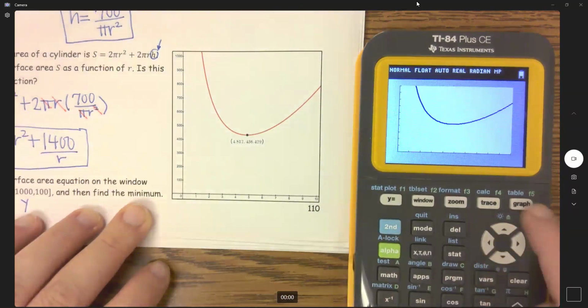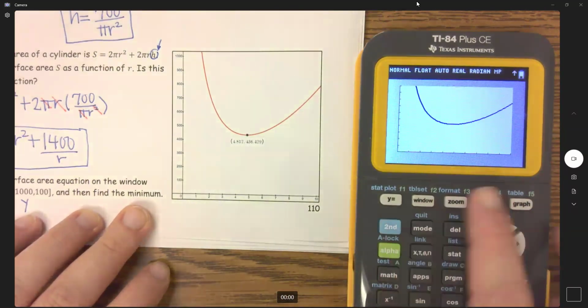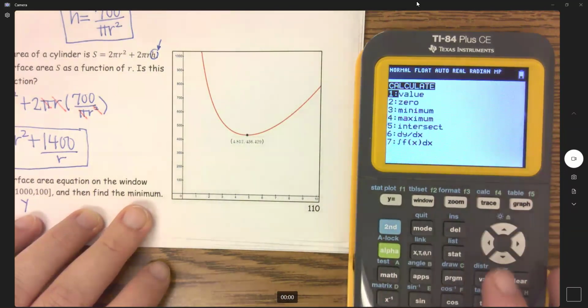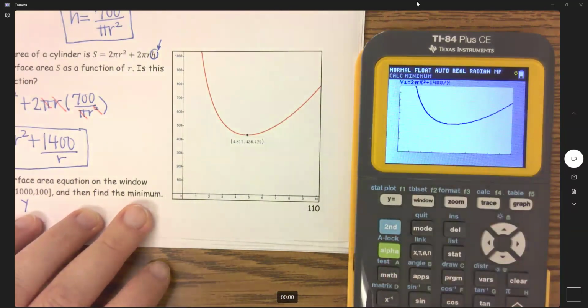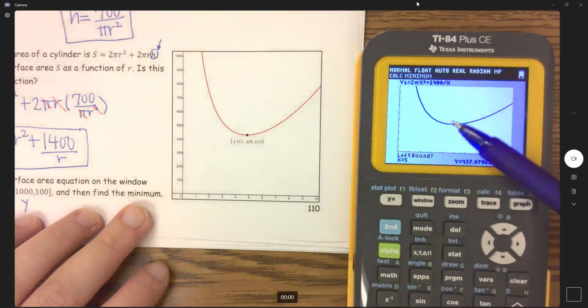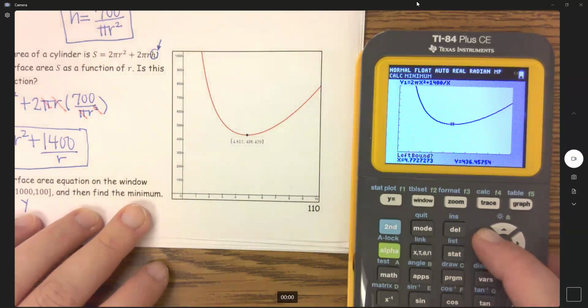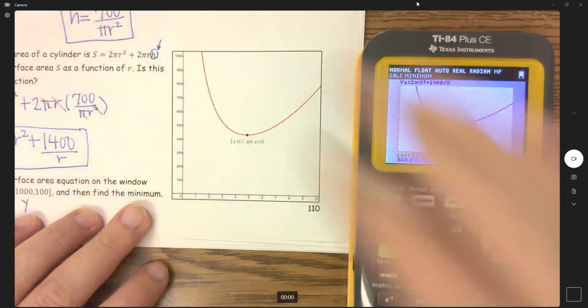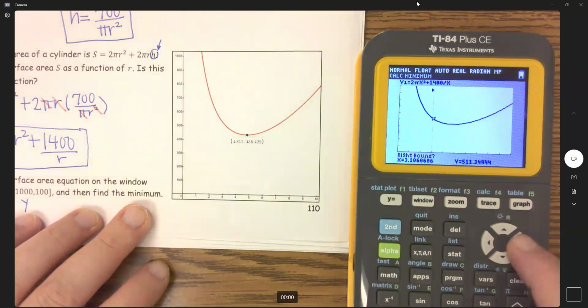So then to find the min, we need to go to calc. So second trace, and I want to find the min, number 3. My min is somewhere down in here. So I'm going to go to the left of it, and I can see here I'm starting to slope up. I'm going to hit enter. Then I'm going to go over to the right side of that min.